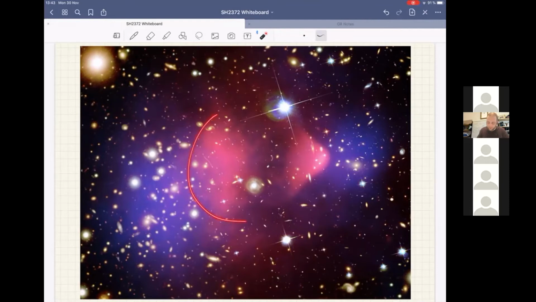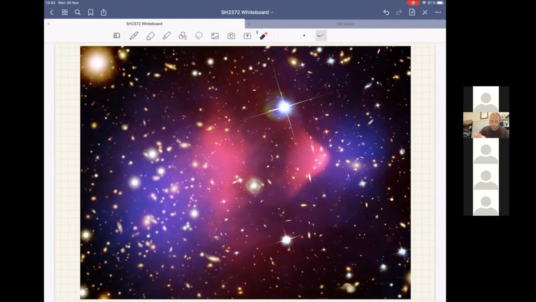And in pink, that's essentially the collisions of gas, where most of the ordinary matter of these colliding clusters is. Whereas the purple regions here, that's the mass distribution that you can infer from gravitational lensing of the background.